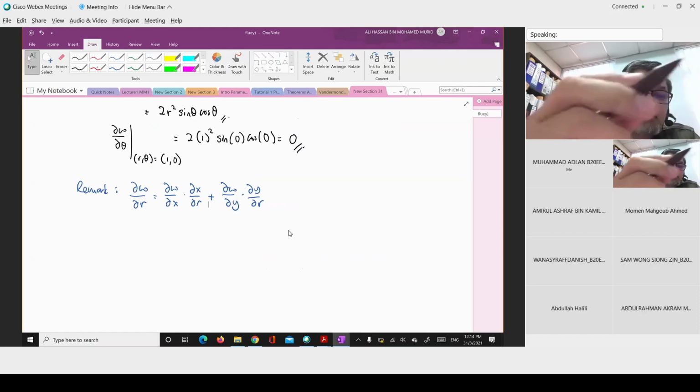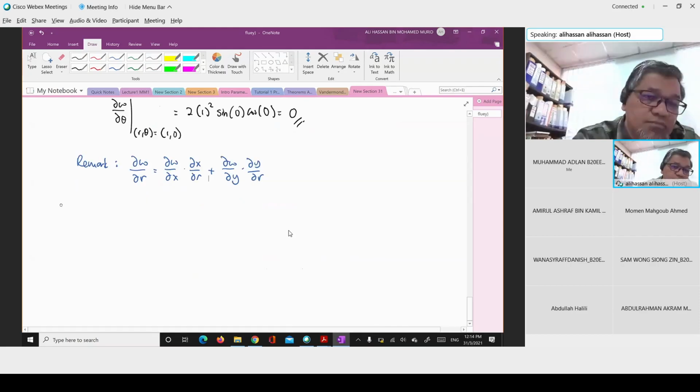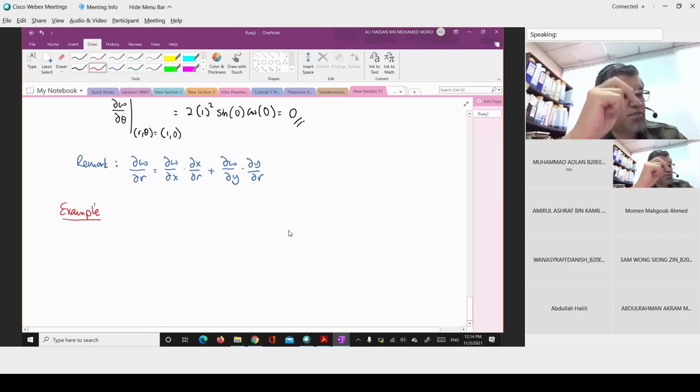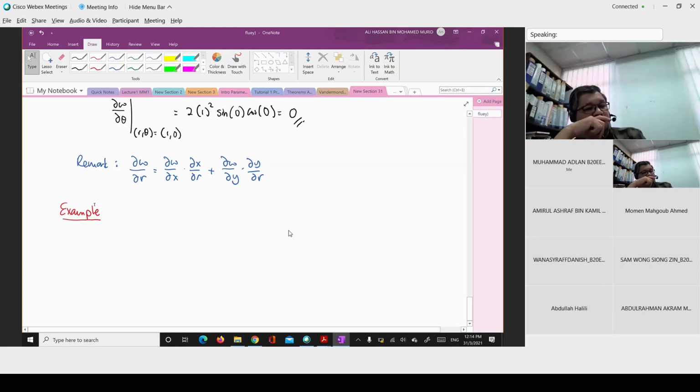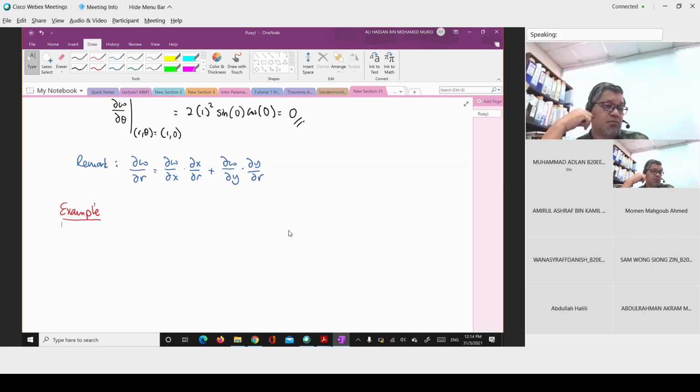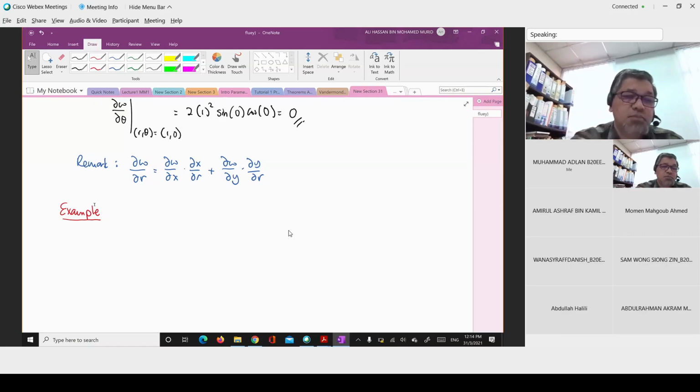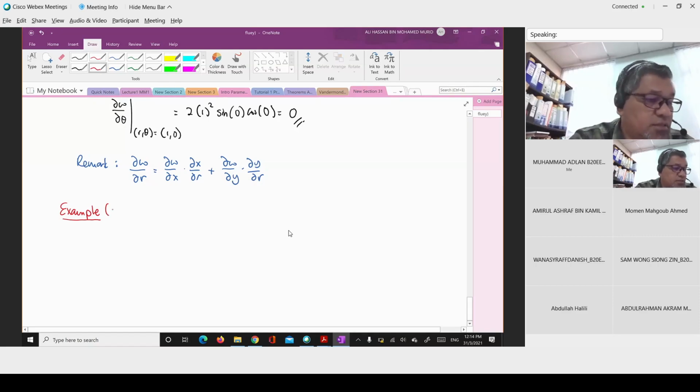So as an example, we have implicit differentiation.